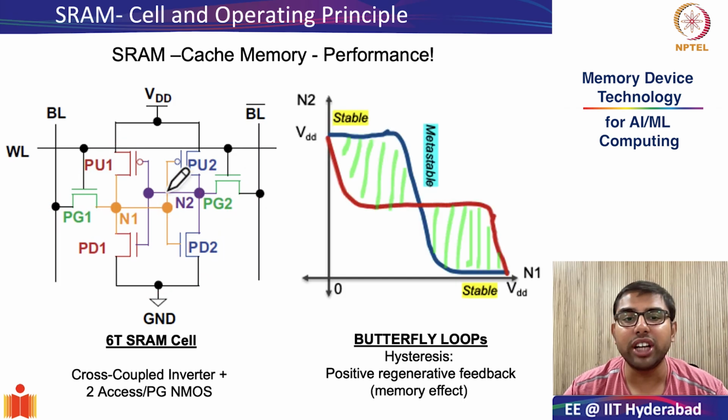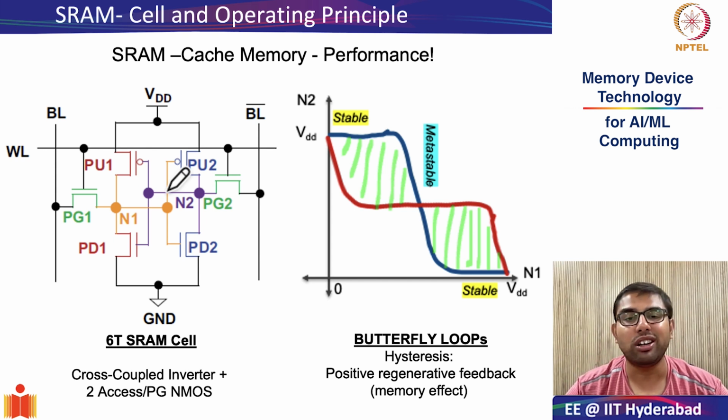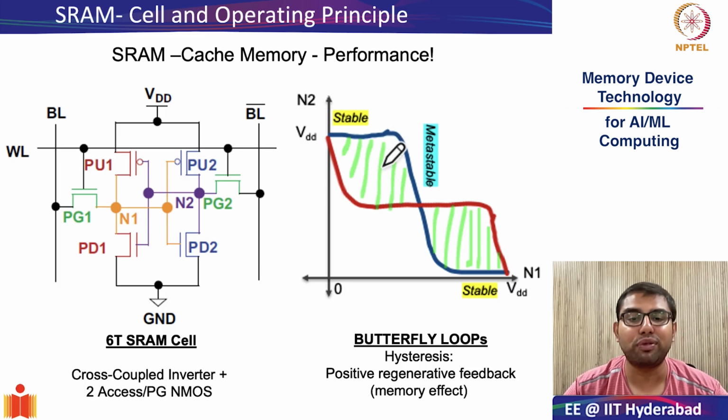Also, it was interesting to note why your cross-coupled inverter behaves like a memory element. We saw that that is only possible because of these so-called butterfly hysteresis loops. These butterfly hysteresis loops, through the concept of positive regenerative feedback, were able to negate any noise that comes into the stable storage node.